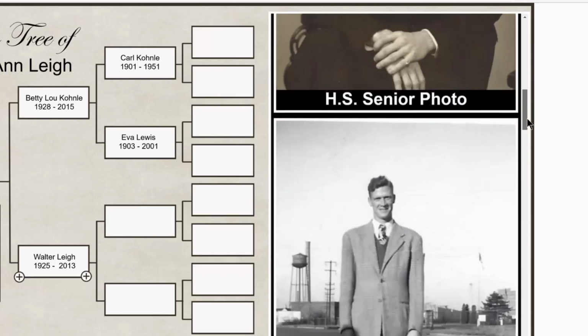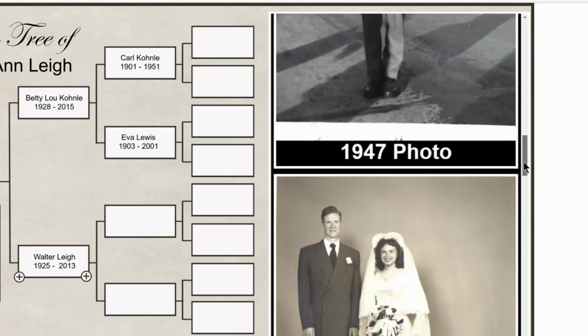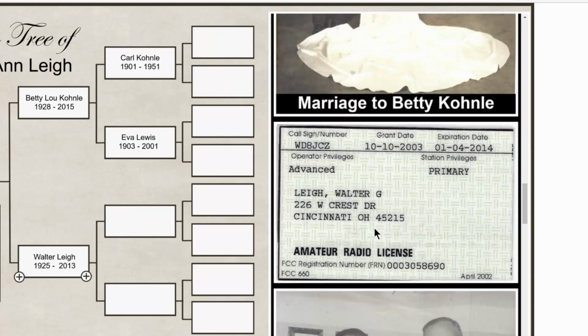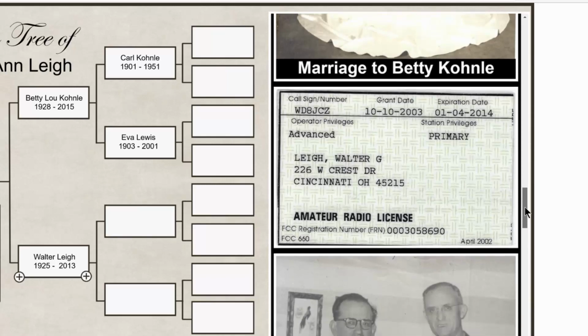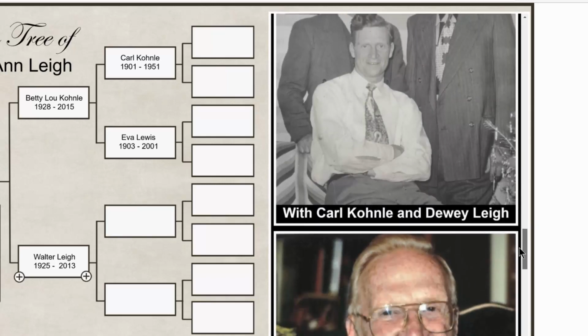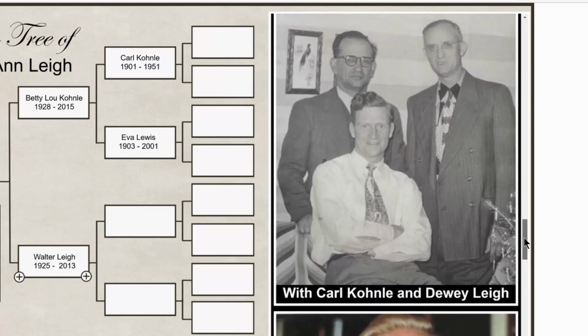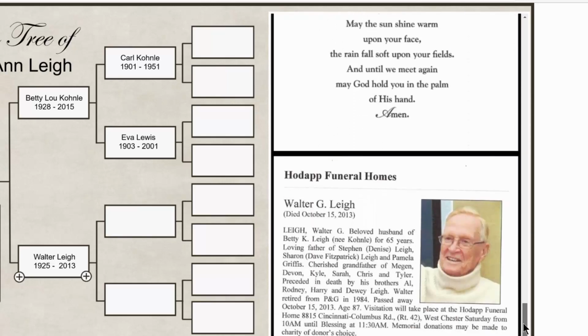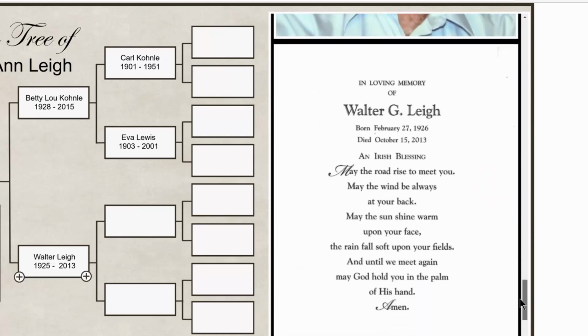And you can see here's his high school picture, some of his photos from when he was working, when he married Betty. He was an active amateur radio participant, and that's his ham license. And here's a picture of him with his father and his father-in-law, and older in life. And this was Wally's obit and his memorial service.